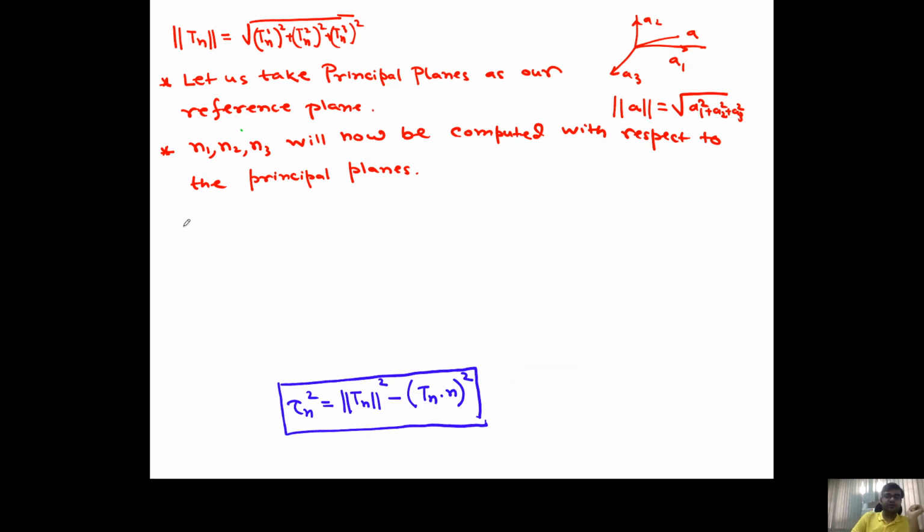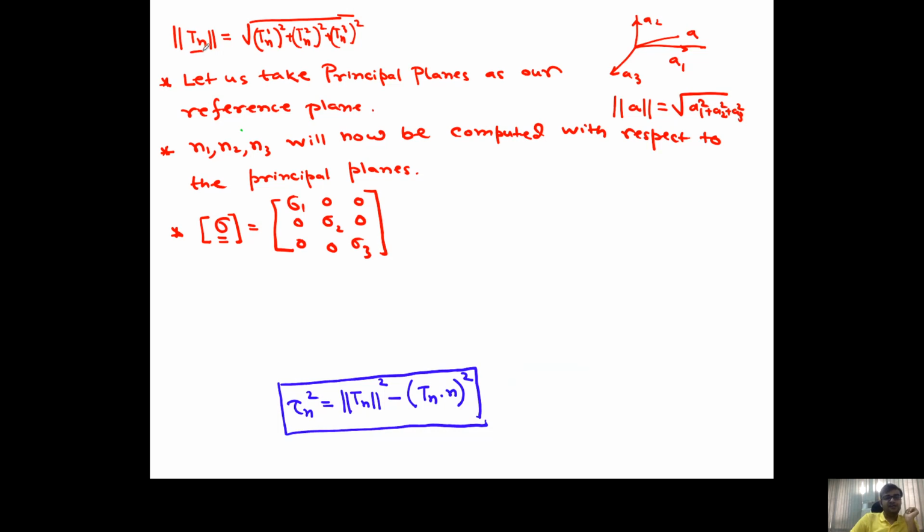There is one more thing that will happen, and that is our sigma matrix is now very simplified. How does our sigma matrix look? We only have the diagonal terms, and the diagonal terms are the principal stresses, and everything else is going to be 0. So this is what we are working with now, right?